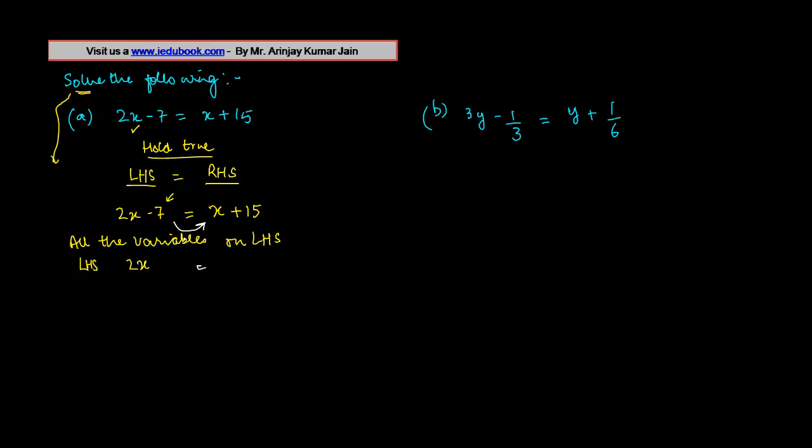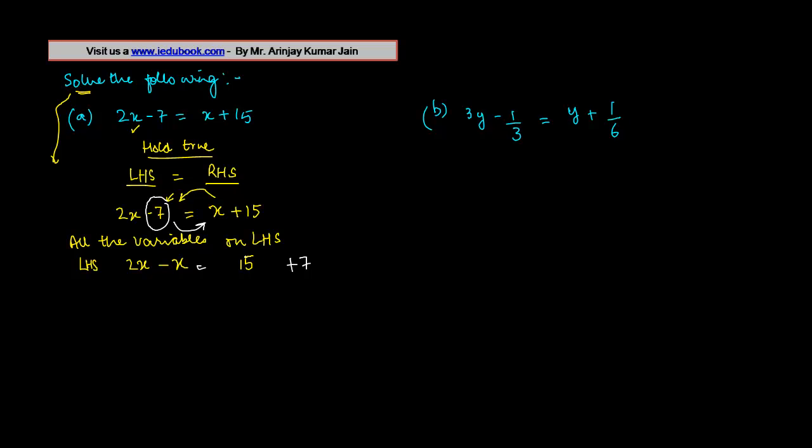Please note that whenever you move this to the other side of the equation, the sign of this number will change. So this becomes plus 7. You have x over here, so we take x to the other side of the equality. The x will again change the sign: it is plus x over here, so it becomes minus x plus 15.